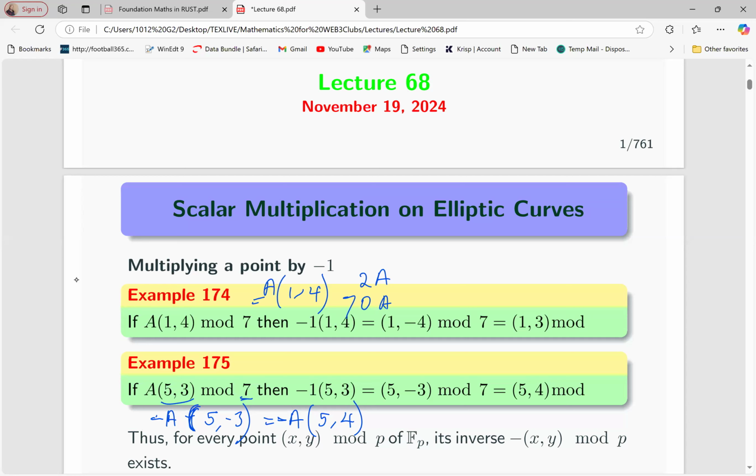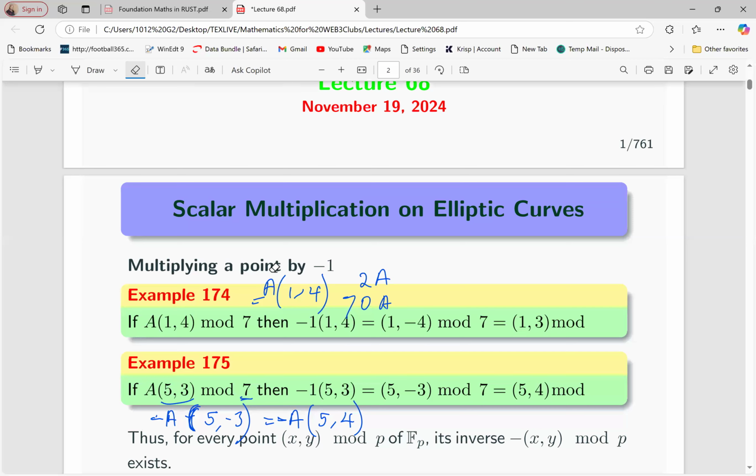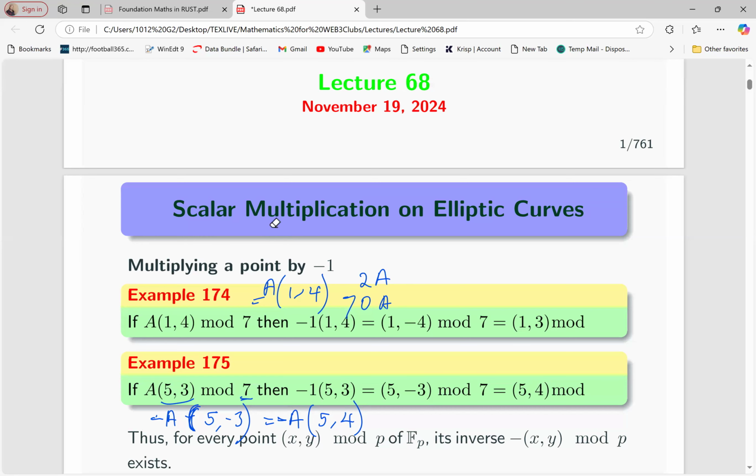And again, we say that it's closed under scalar multiplication. In fact, what we are saying is this: to get 70A is the same as adding A 70 times. So still closed under addition. You're adding A plus A plus A.